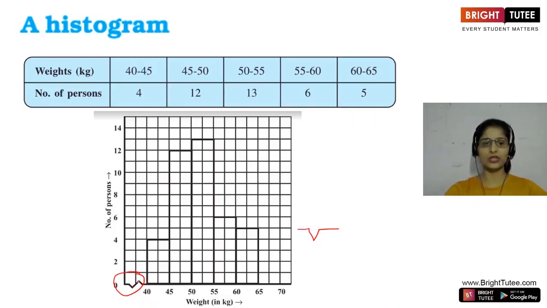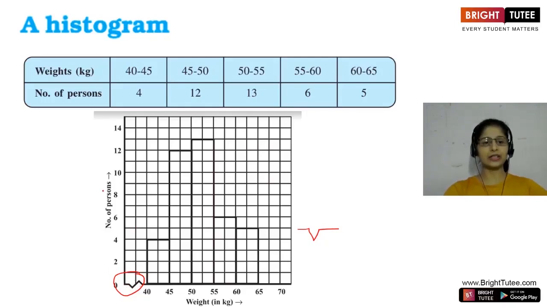We are not showing those values. Just see 40, 45, 45 to 50. So before 40, 35 would be there, before that 30, before that 25. So 0 to 35, those values are not shown here. Those are missing. To show that missing gap, we are showing this kink.